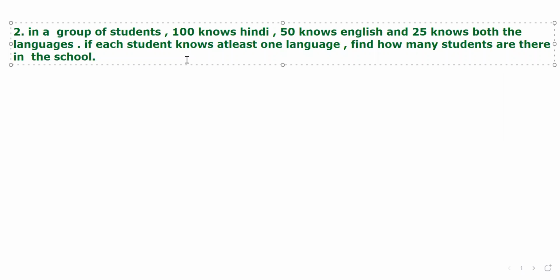In a group of students, 100 know Hindi, 50 know English, and 25 know both the languages.